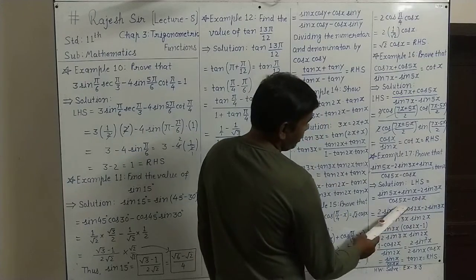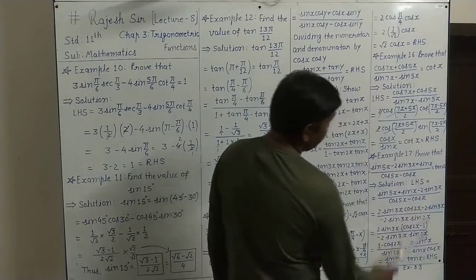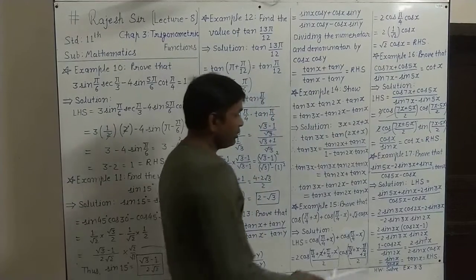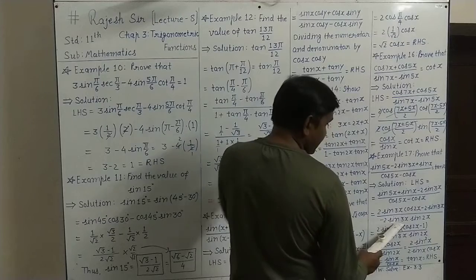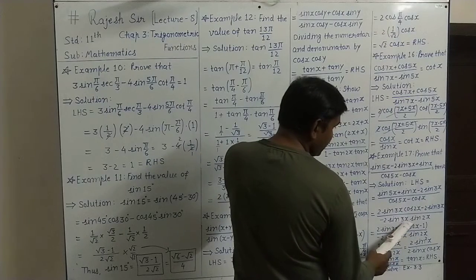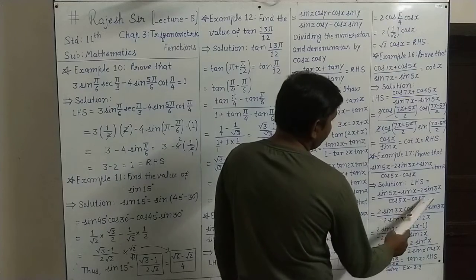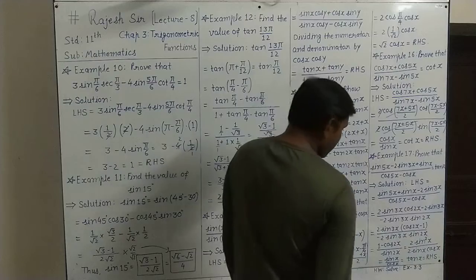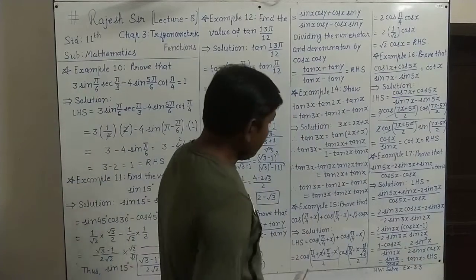And down there cos 5x minus cos x is c minus c. C minus c is minus 2ss, that we have to apply. So minus 2 sin of the sum of two angles upon 2, 6x upon 2 is 3x, into sine of the difference of two angles upon 2, 4x upon 2 is 2x. This way by formula we have done.